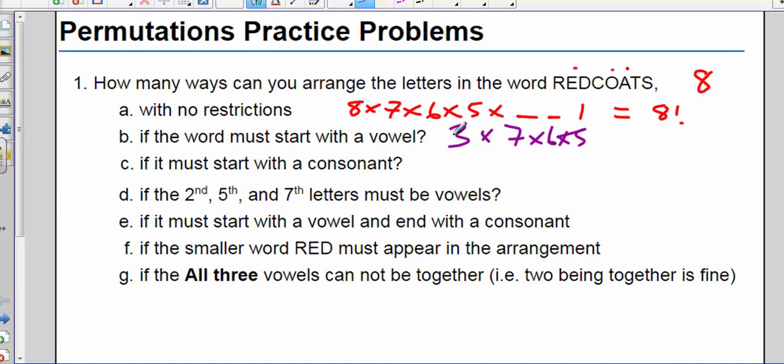So the first letter has that restriction of it must be an E, an O, or an A, but after that all the remaining letters are available for each subsequent position, and so it's 3 times 7 factorial. Wow, that was terribly written. My apologies. 3 times 7 factorial, whatever that ends up being.